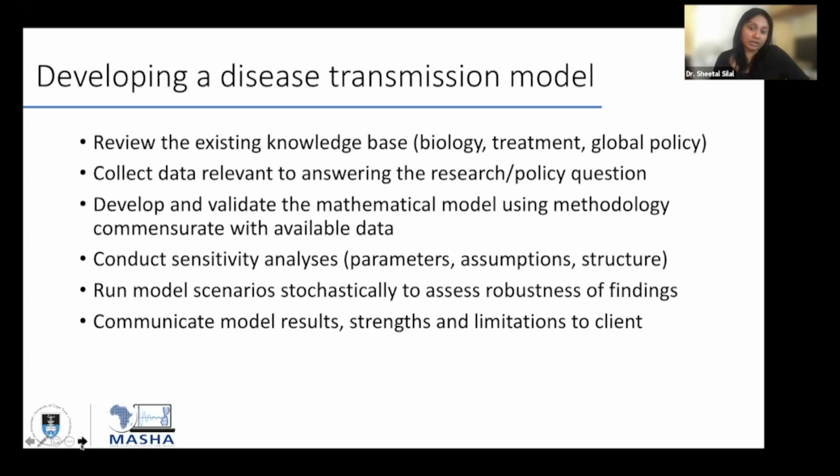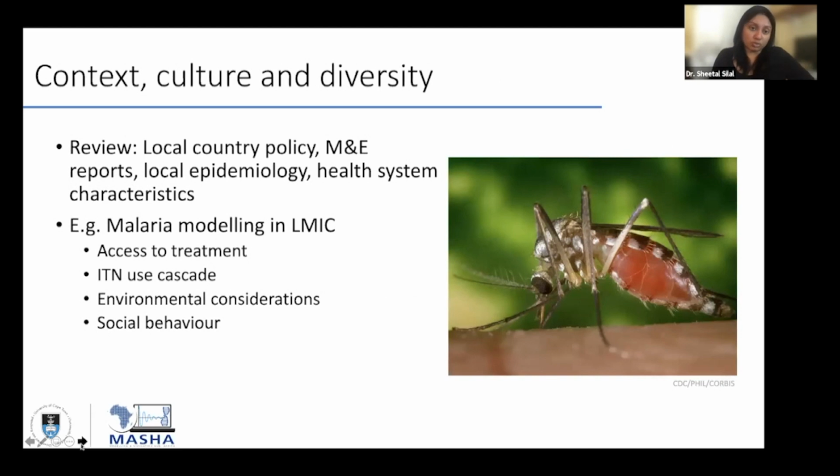to your client. When you're at the interface of policy or decision making and modeling, I feel like there's quite a bit more than that one needs to take into account compared to just the standard steps of building a transmission model.